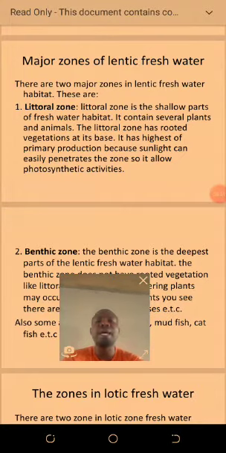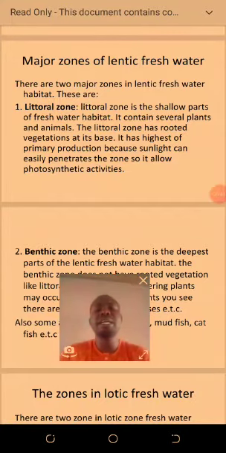In lentic fresh water, we have two major zones. The first one is what we call the littoral zone. The littoral zone is the shallow part of fresh water. It contains several plants and animals. It has rooted vegetation at its base.